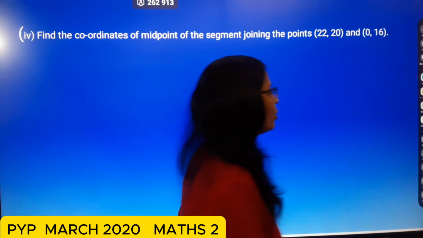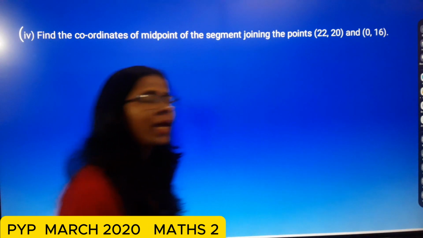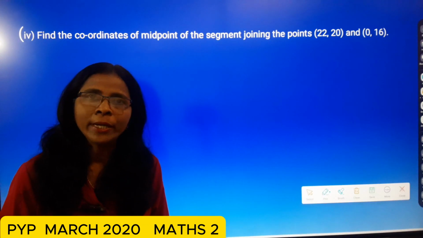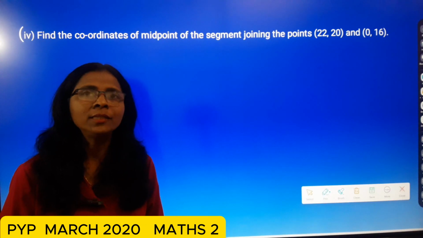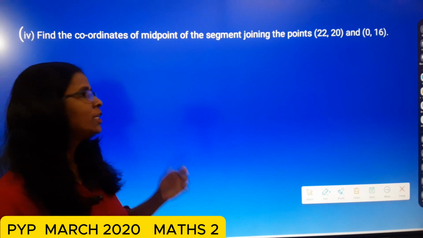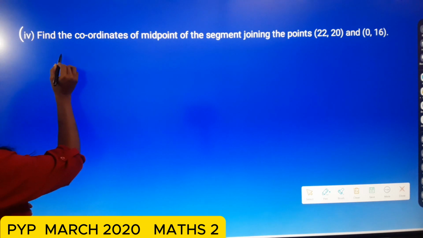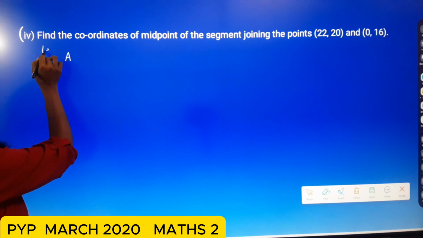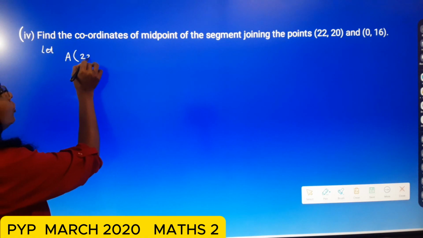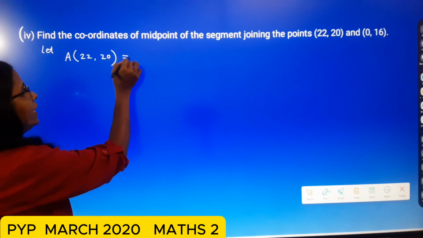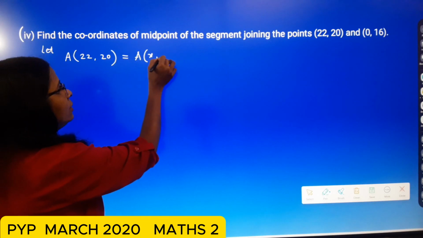So now here students, the points are given and we use the midpoint formula. What is that midpoint formula? First I write the points. Let A (22, 20) be the first point, A (x1, y1).